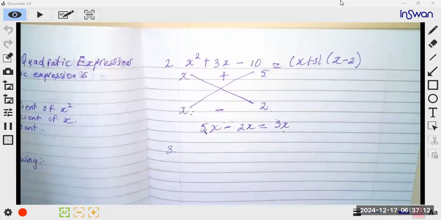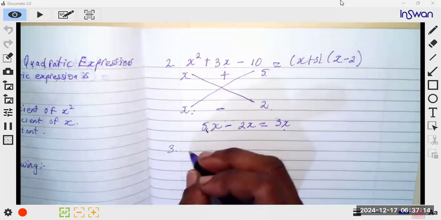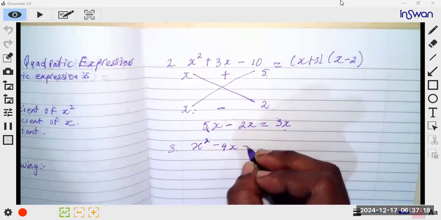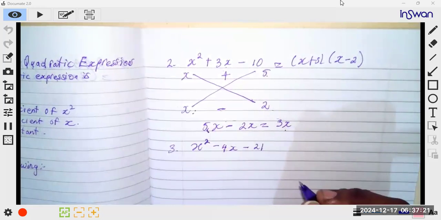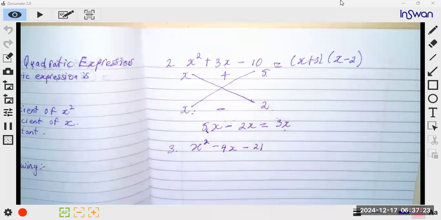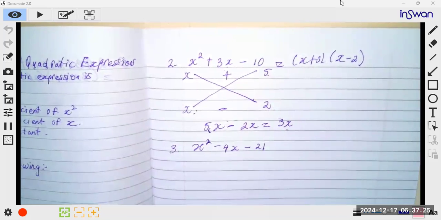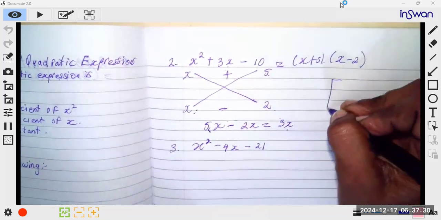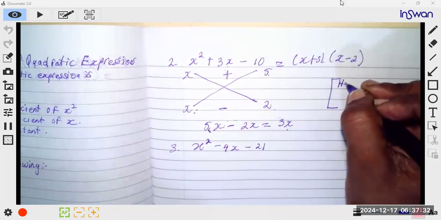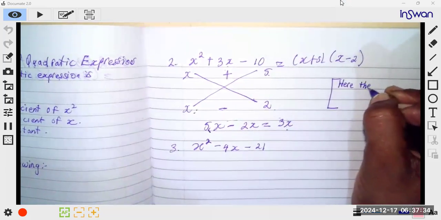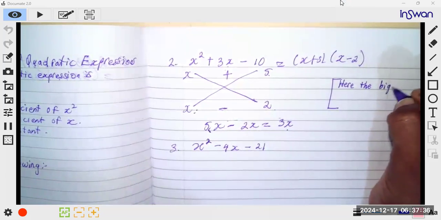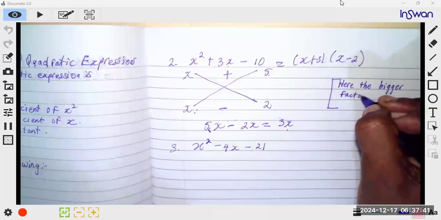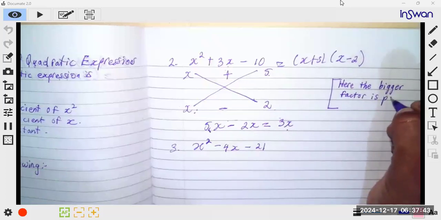Same thing, number 3: x squared minus 4x minus 21. In this case, your bigger factor. Here we need to make some little notes. Here, the bigger factor is positive.